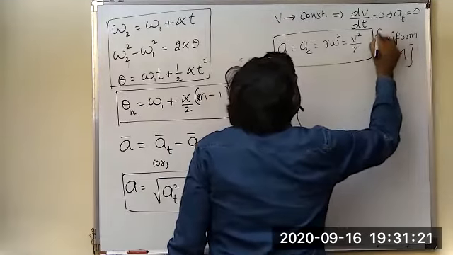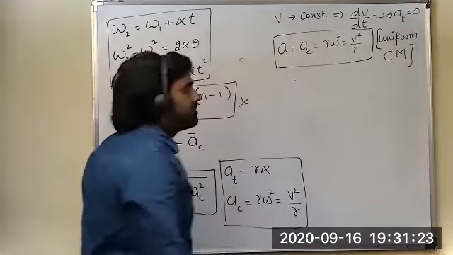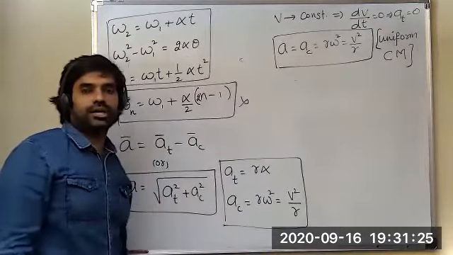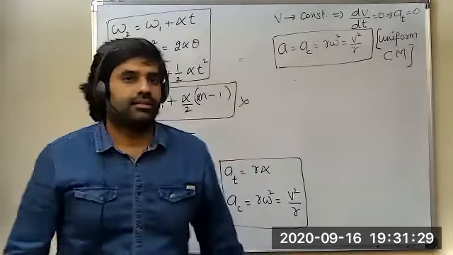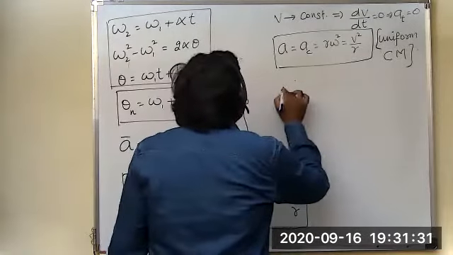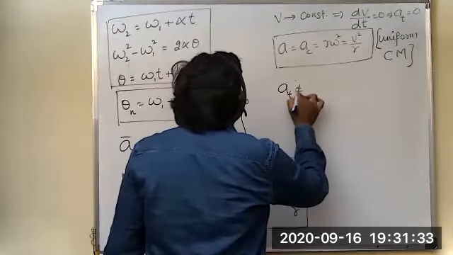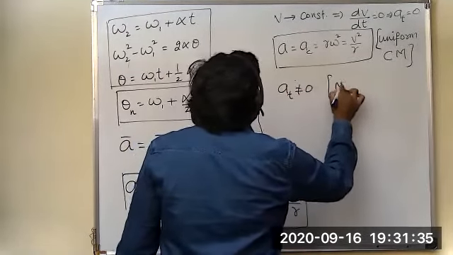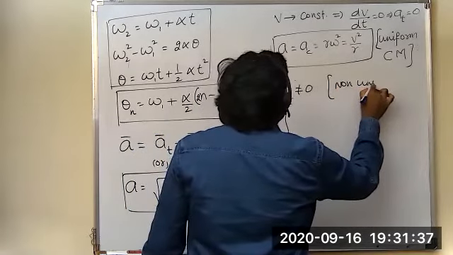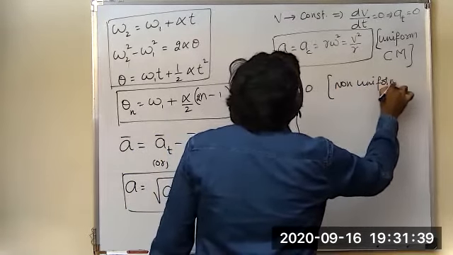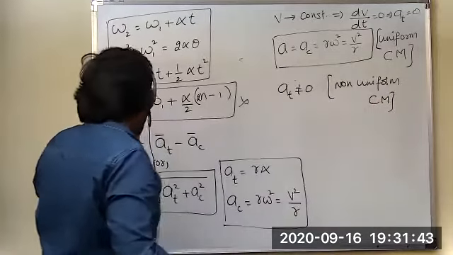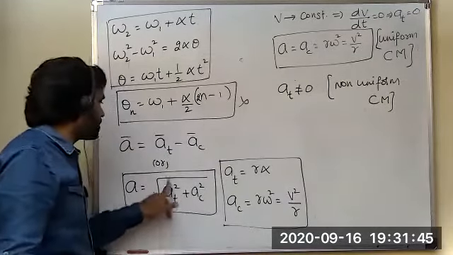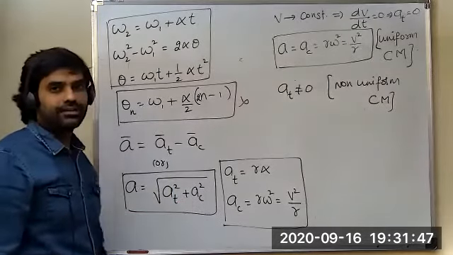That's it. Okay, guys. In uniform circular motion, the net acceleration is only centripetal acceleration. Suppose if AT is not equal to 0, students, then it is said to be non-uniform circular motion. In such case, acceleration can be written as under root of AT square plus AC square.